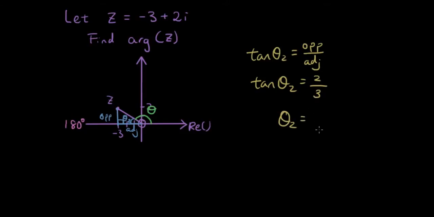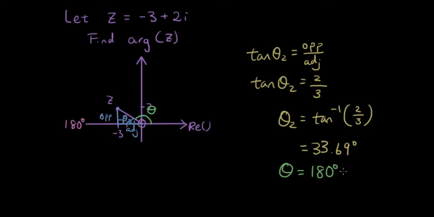So theta 2 is equal to inverse tan of 2 over 3, and you get 33.69 degrees. Now because we want theta, theta is equal to 180 degrees minus 33.69 degrees.